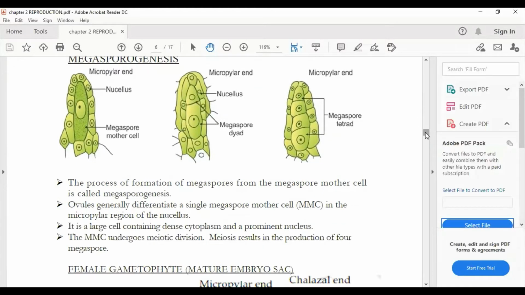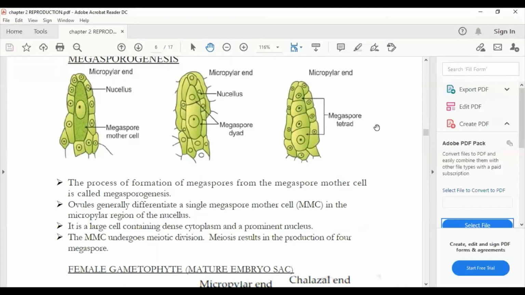The diagram can be asked as: write the stages of megasporogenesis for explanation, or for diagram, draw the stages of megasporogenesis, in which you have to start from this diagram where you can see 1 megaspore mother cell, followed by this, that is when the megaspore mother cell is divided into 2 and becomes a megaspore dyad.